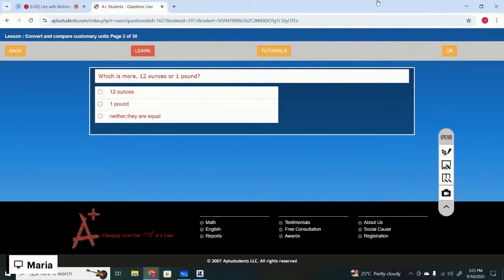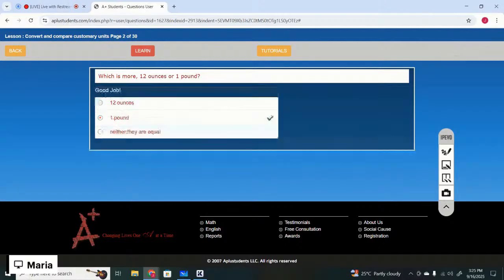Oh, 1 pound is equal to 16 ounces. So 1 pound is more than 12 ounces.